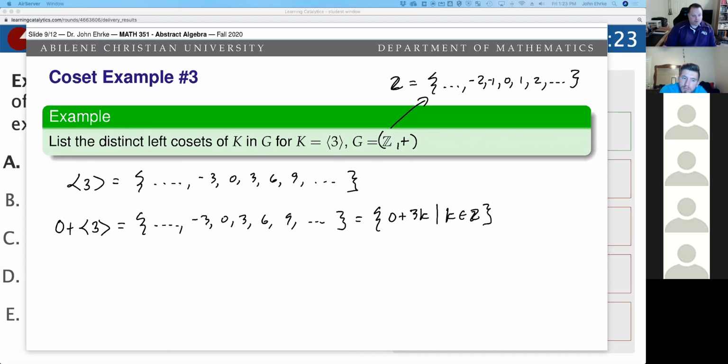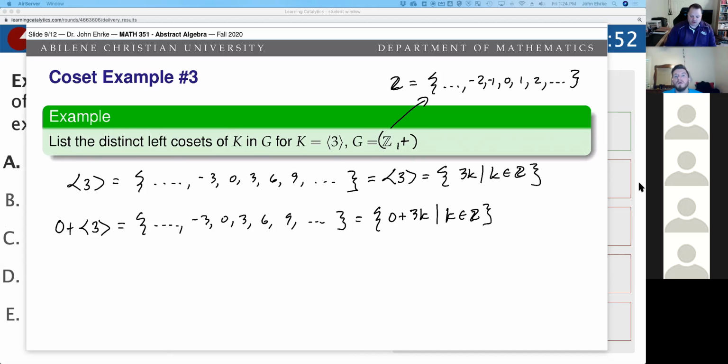Because that's literally what this says. If you look, you've got 0 plus this thing. Well, what is this subgroup generated by 3? It's the set of all the things that are of the form 3k such that k is in Z, right? Well, all we've done is add 0 to it. It's still the same thing.